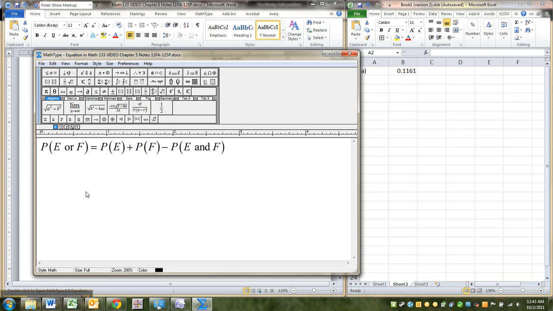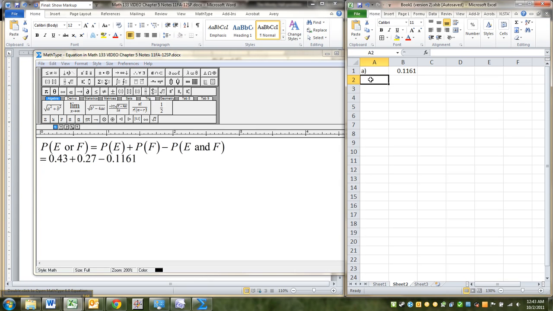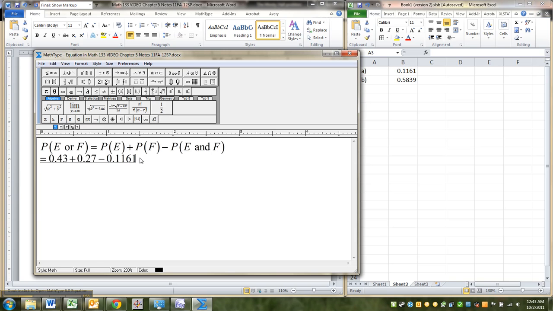So we know the probability of E is 0.43 plus 0.27 minus that answer we found up there, 0.1161, which equals 0.5839. Done.